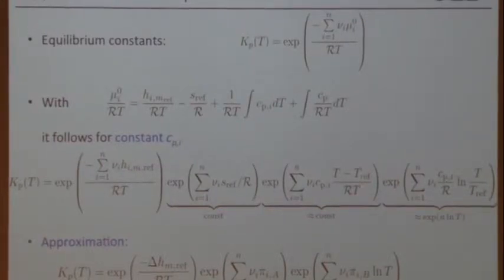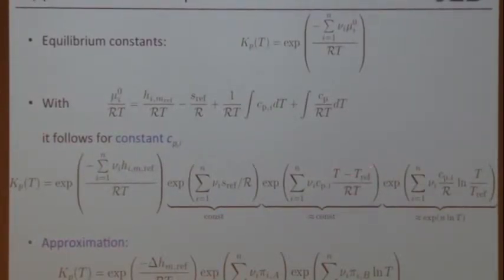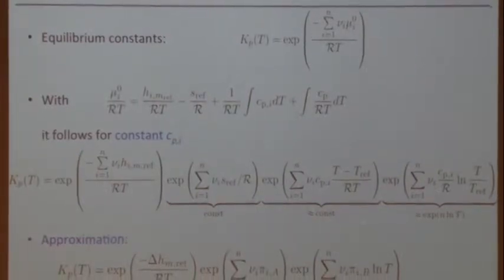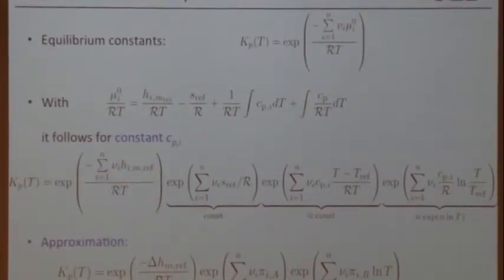This is the next term where you have T minus T ref divided by T. Now, if T is very large, then this is independent of temperature, right? If T is much larger than T ref, I can neglect T ref and the temperature goes away. So for large temperature, this would be independent of temperature. We can say it's almost constant. So for large temperature, these 2 terms are constant.